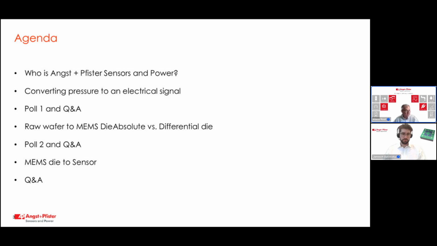The second one is how a raw wafer will be produced. And finally, how the pressure die works in a sensor. In between the videos, we have 2 polls where we ask you some questions and you can provide your feedback. We will also answer the questions that come up during the videos, also at the end of each video sequence.